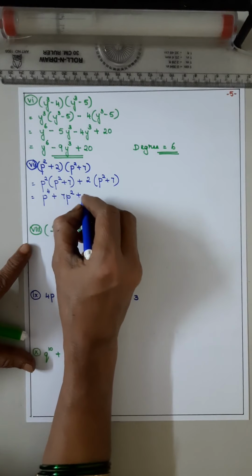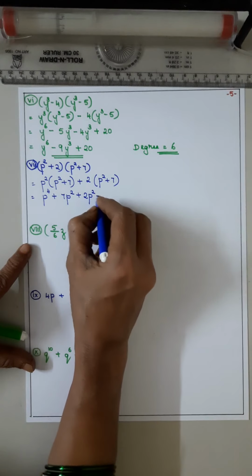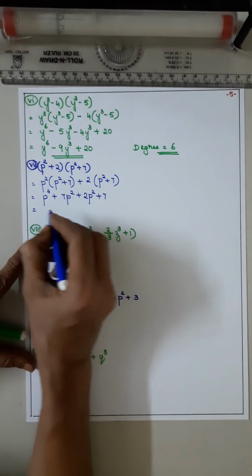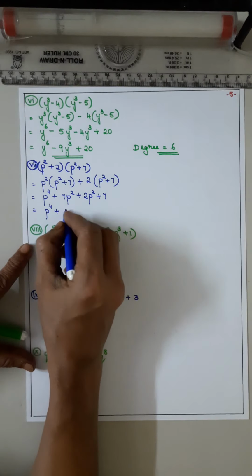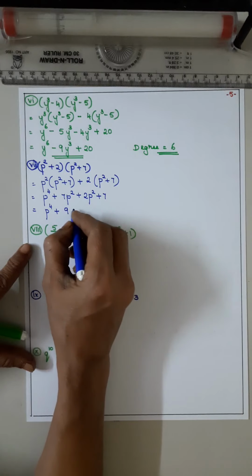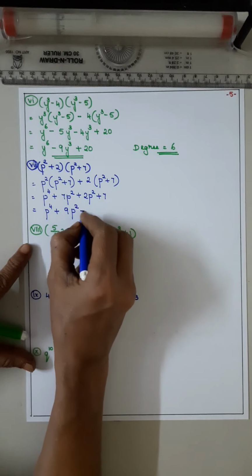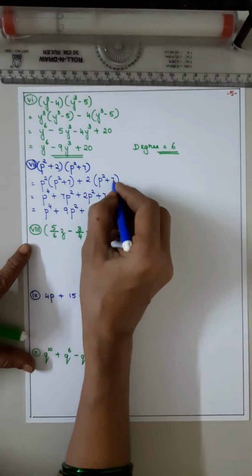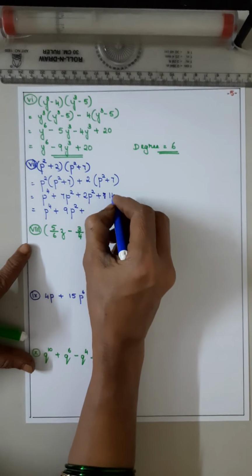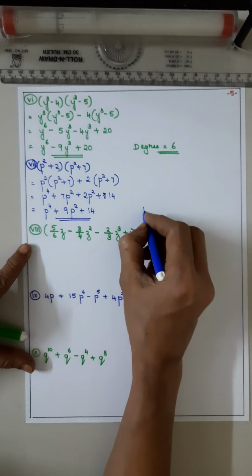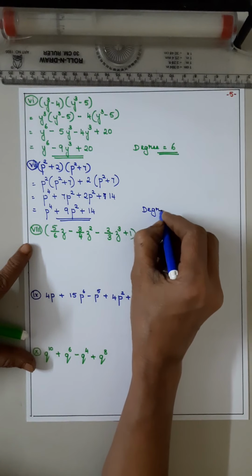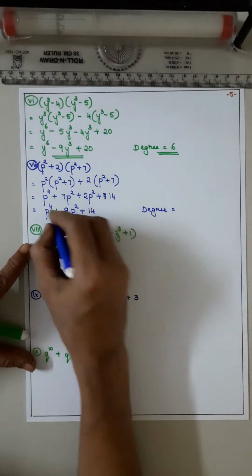Now here plus 2p squared plus 7. Now here it is p to the power 4. 7 plus 2, 9. P squared plus, 2 7s are 14. Now the degree is 4.